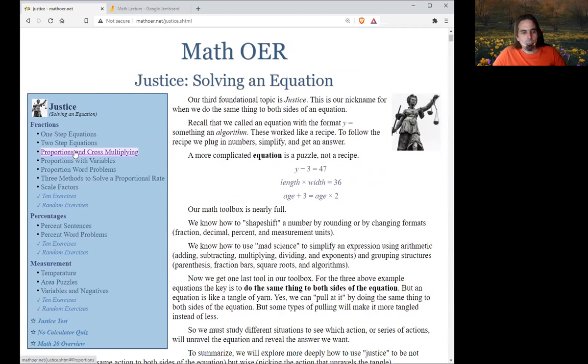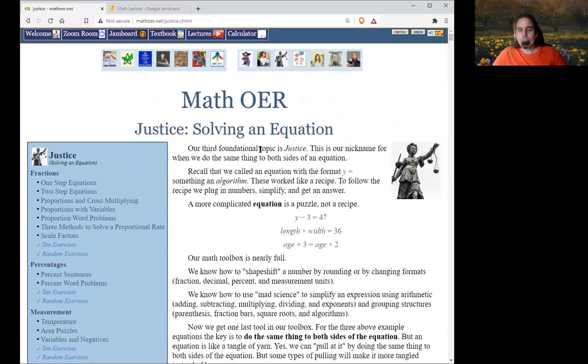And almost everything we do with fractions and percentages for equations, you can wind up doing with cross multiplying. The measurement can be a little tricky again at the end. So that's what we're doing for now.